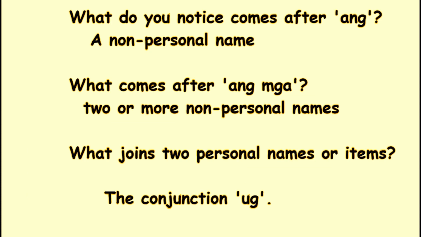So, what do you notice comes after ang? Right, it's a non-personal name. What comes after ang mga? Right, it's 2 or more non-personal names. What joins 2 personal names or items? Right again, the conjunction ug.